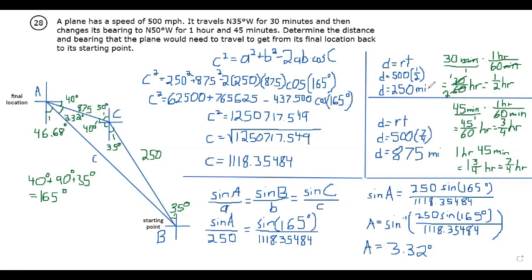Now, for the second bearing, we see that the plane traveled for 1 hour and 45 minutes. The 1 hour part, that's already in hours, but we need to convert the 45 minutes into hours. So we'll take the 45 minutes, put that over 1, and multiply that by the conversion factor, 1 hour per 60 minutes. Then we can cancel out these units.